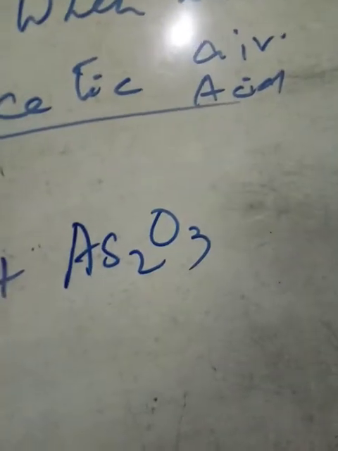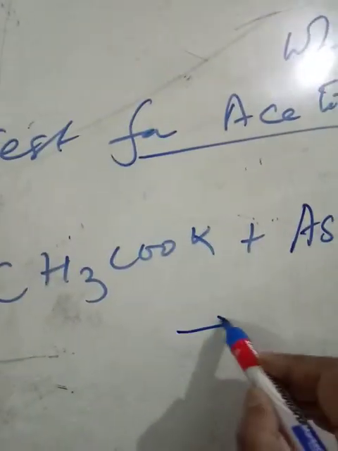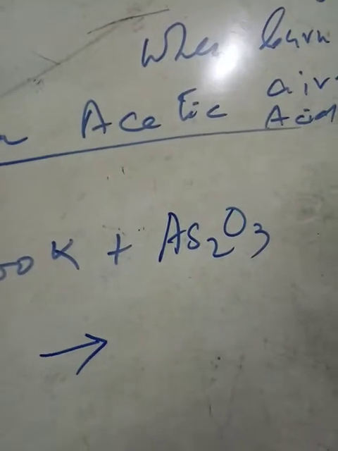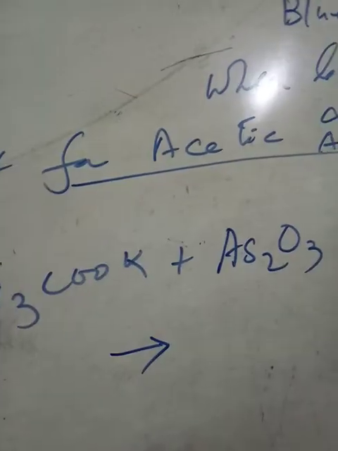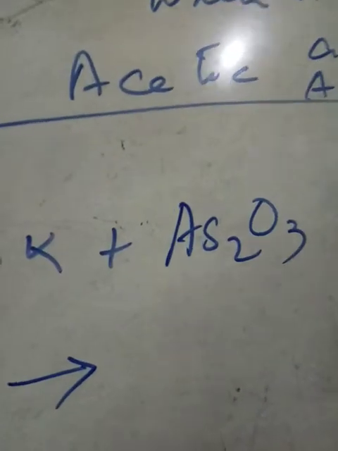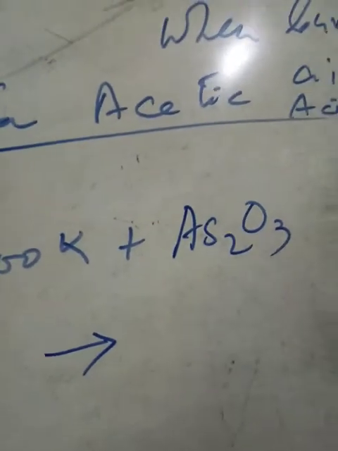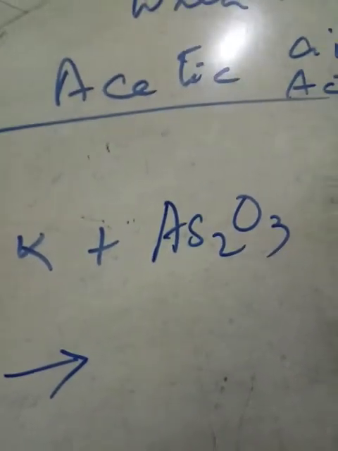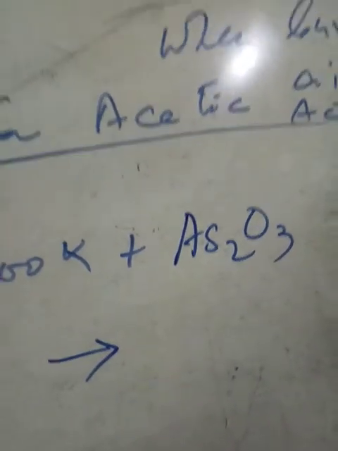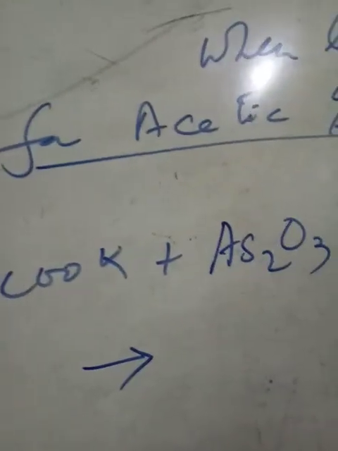Then a salt will be formed, and then after evaporation you will get a solid, which is called cacodyl oxide, and which has a bad smell and is also poisonous. This is called cacodyl oxide.